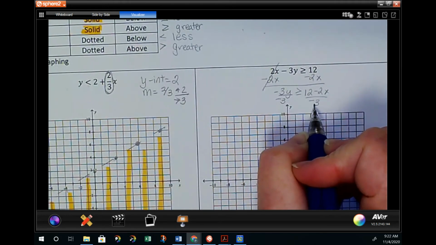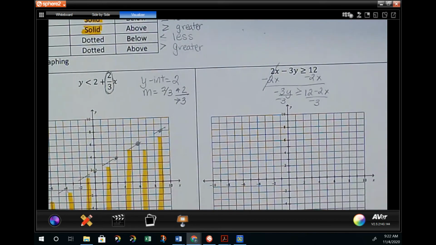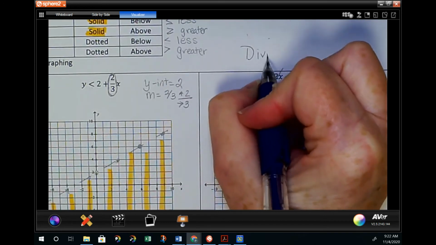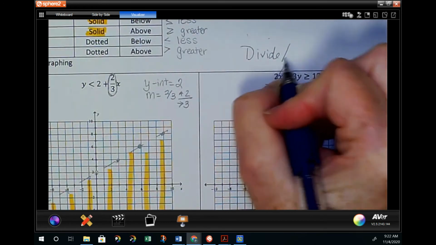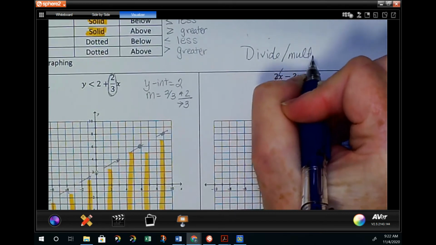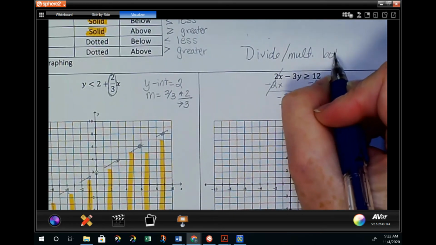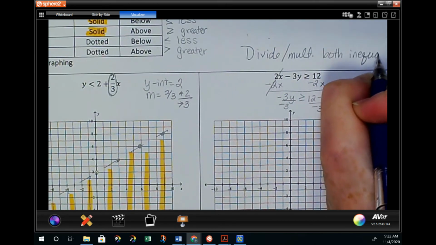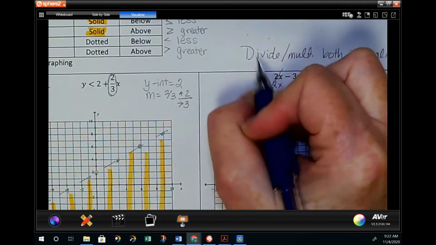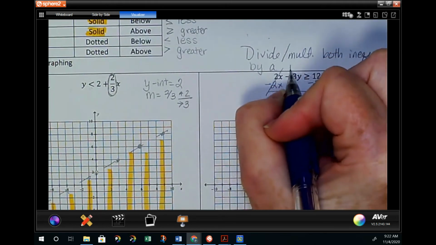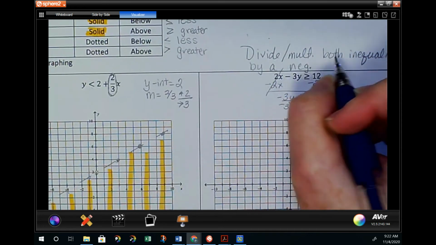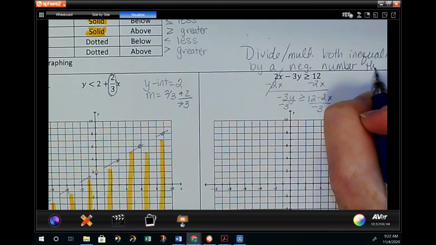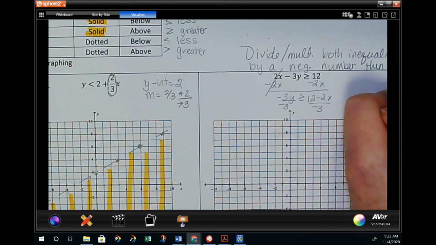There's a huge rule: when you divide or multiply both sides of the inequality by a negative number, that inequality sign flips.